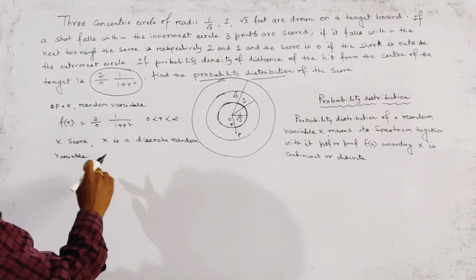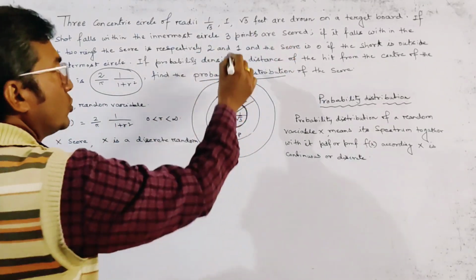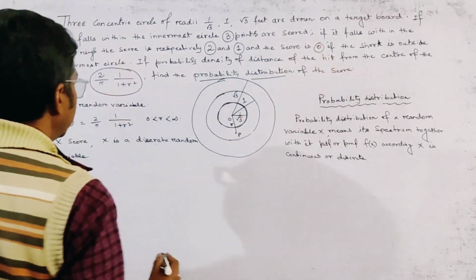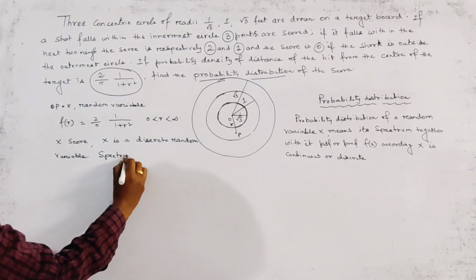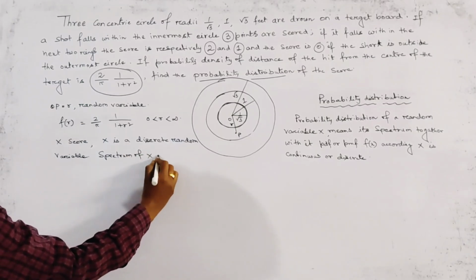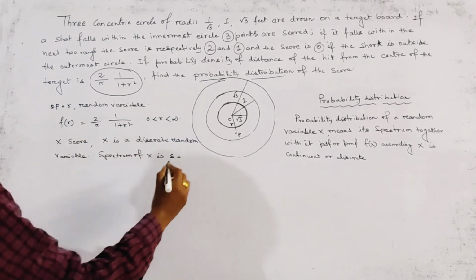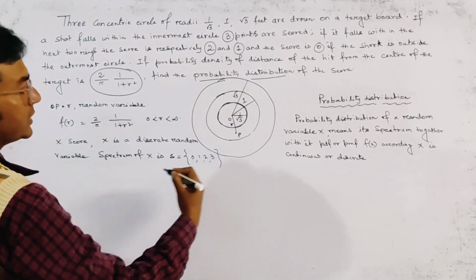Since it is given that the scores are 3, 2, 1 and 0. Four scores are given, 3, 2, 1 and 0. So we write the spectrum of capital X. Spectrum, generally denoted by S, is given by 0, 1, 2 and 3.